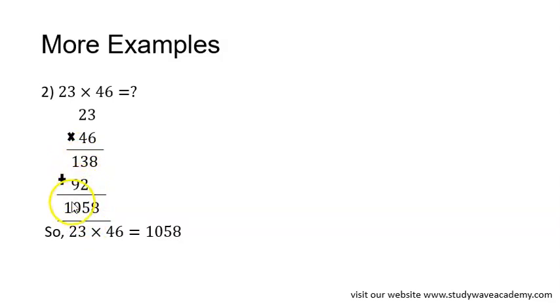Then 1 plus 9 is 10. We write out 10 because there is no number to carry over. If there was a number to carry over, we would have written 0 and carried over 1. But we don't have any number to carry over, so we write out 10. So 23 times 46 is going to give us 1058. Did we understand? Okay, let's go over to another example.